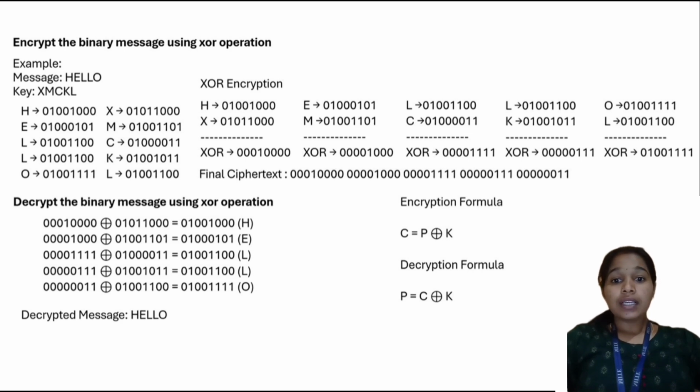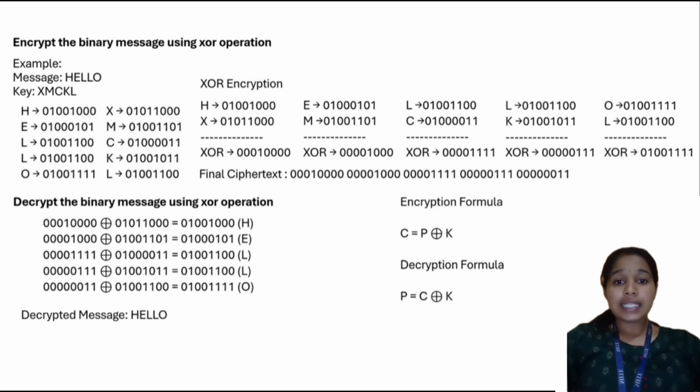We apply an XOR operation between each letter of the message and the key. So basically H is XORed with X, E is XORed with M, L is XORed with C, and so on. After applying XOR to all characters, we get the ciphertext. This ciphertext looks completely random, so no one can understand the original message just by seeing it.